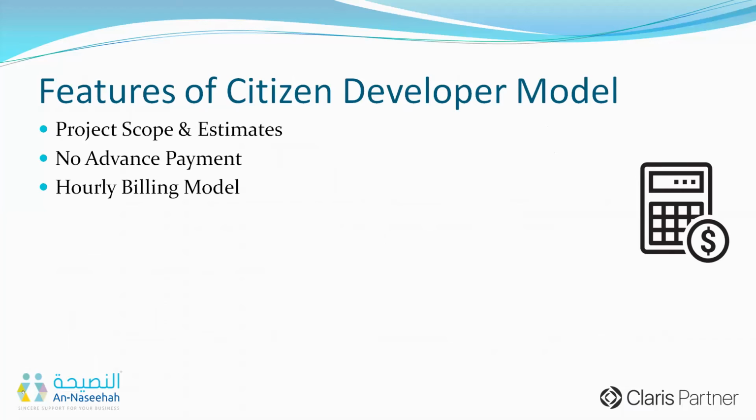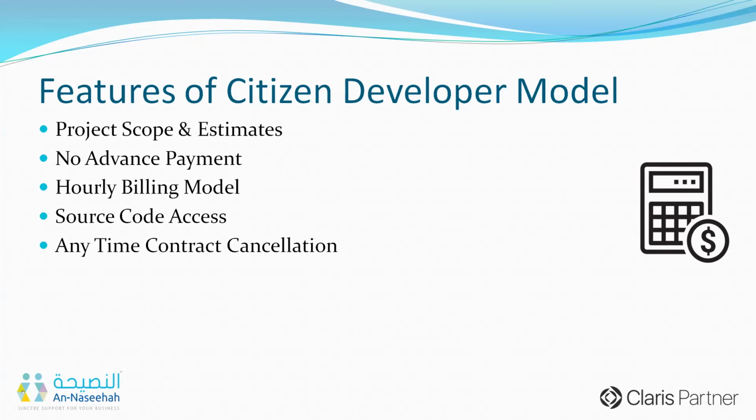So if our estimate says that we will take X number of hours to develop it, then only X number of hours or less are billed to the client. If it exceeds, then that is billed with a reason why it was exceeded, but the client's approval is initially required for that. With all solutions, the client has access to the source code.